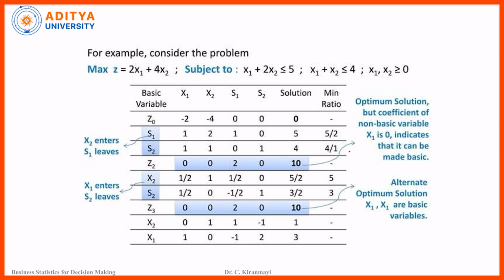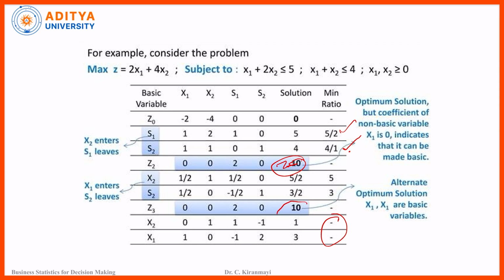At this stage, the solution is Z is 10, S1 is 5 by 2, S2 is 5 by 2. That is one optimum solution. If we proceed to the next iteration, the solution is going to differ, which means the problem has multiple solutions.